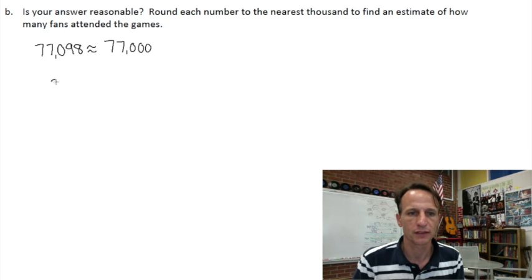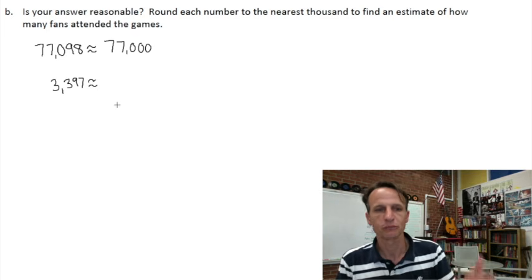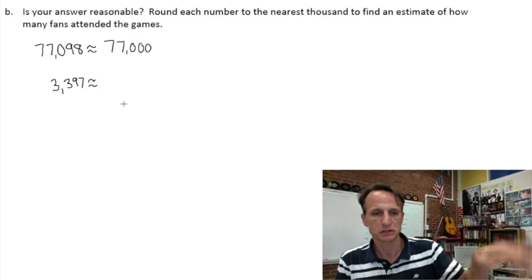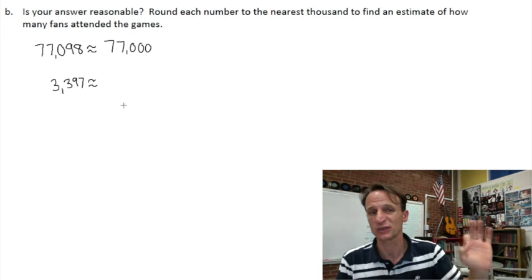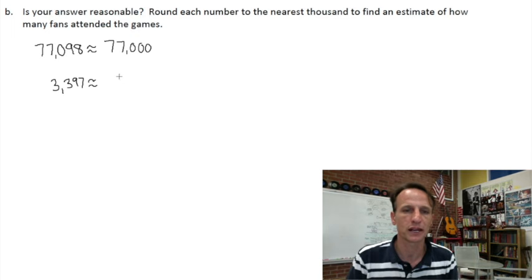And we know the Giants had a bit more. They had 3,397 more, which is about equal to, well, round that to the nearest thousand. There are 3,000s. Next 1,000 more is 4,000. Midpoint, 3,500. This falls below the midpoint. We'd round down to 3,000.